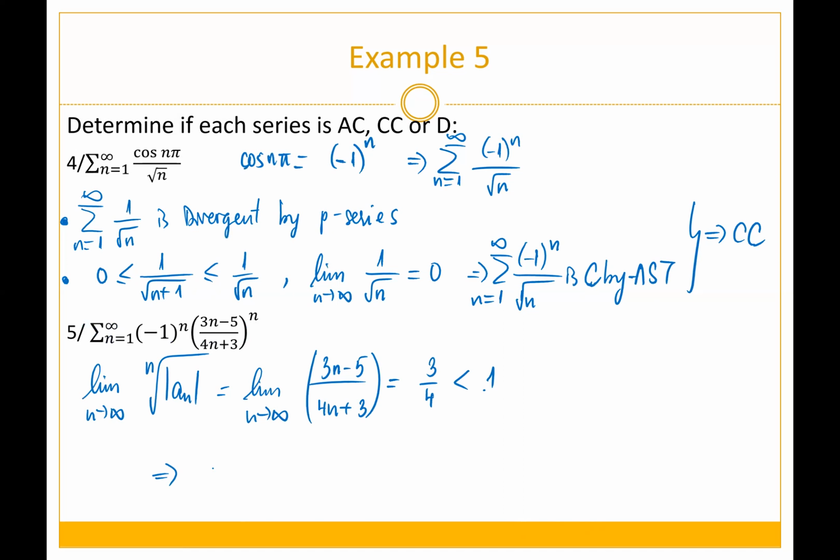So the series is absolutely convergent by the root test. Again, this is pretty straightforward. If anything like this is ever going to give you a divergent result, go back to the original series and use the alternating series test, because here we have an alternating series.